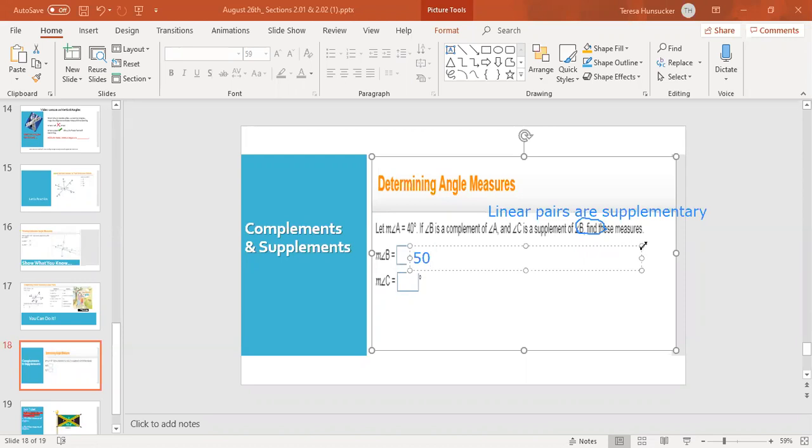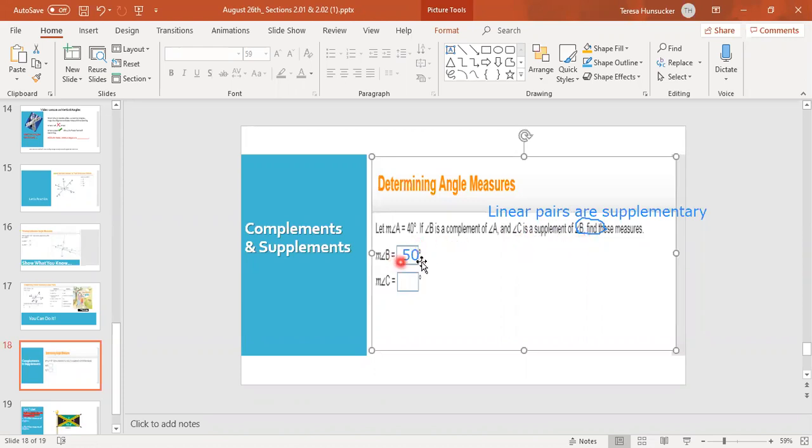All right, moving on. It says that angle C and B are supplementary. It says C is a supplement of angle B. That just means they add together to equal a total of 180.